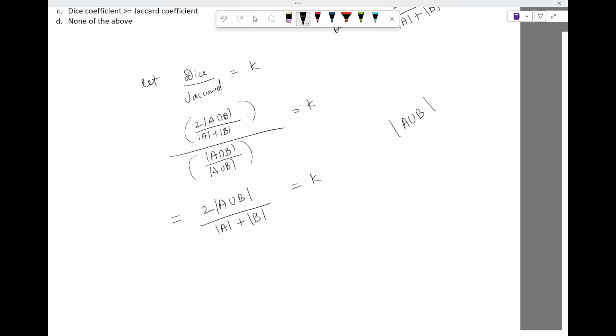So it will be true positive plus false positive plus false negative. Oh, sorry, true negative will not be there.